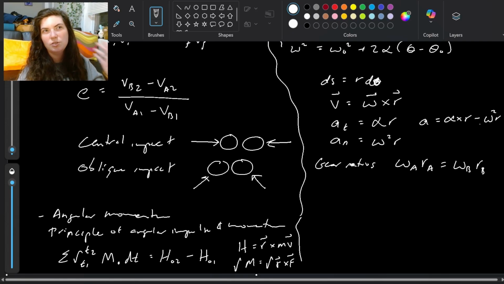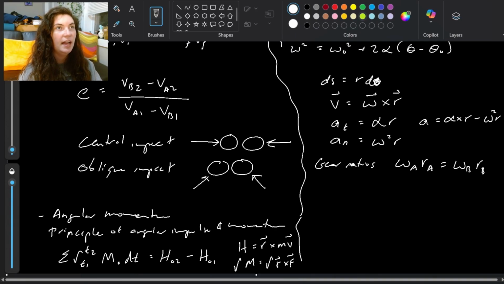But just knowing you can use accelerations here instead, using those angular kinematics, alpha A times RA equals alpha B times RB, to move from one gear to another with those gear ratios.